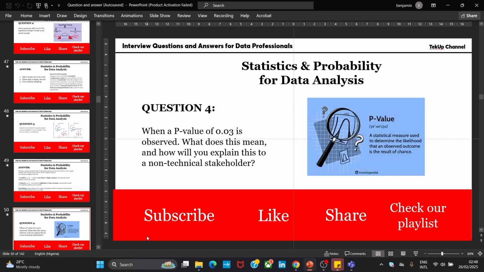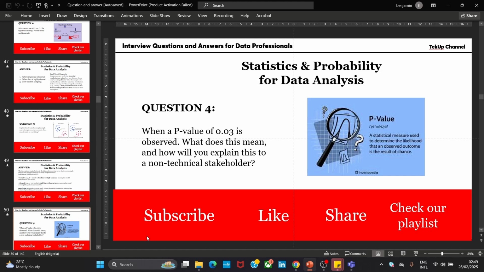Now, let's give an example. Let's say a company wants to know if a new marketing strategy increases sales. Our null hypothesis, which is H0, would say the new strategy does not increase sales, while our alternative hypothesis, which is H1, would say the new strategy increases sales.